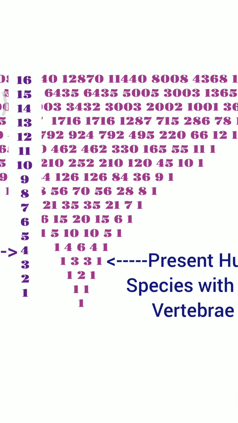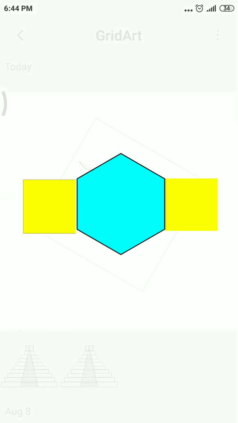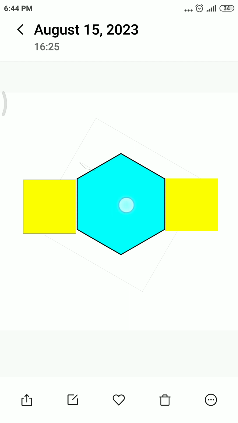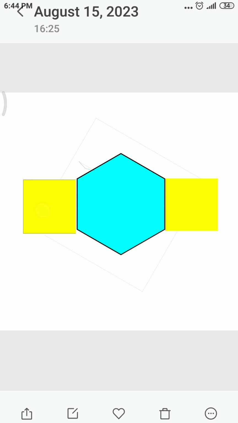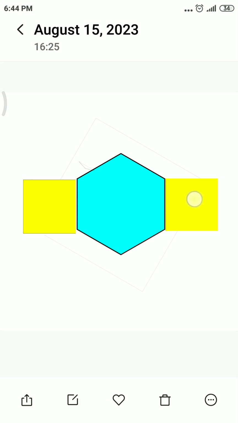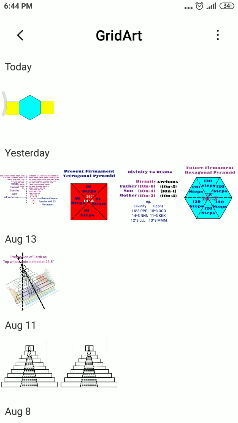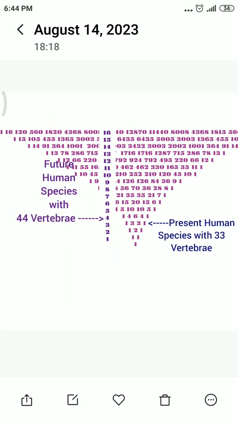If you call this 16 cube, then this will be one 7 cube and this will be another 7 cube, working right under 16 cube. 16 cube's power will be distributed on either side by two 7 cubes. That will be the next phase of evolution we have.